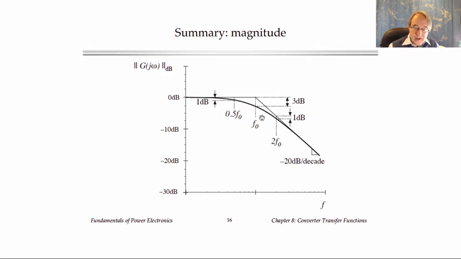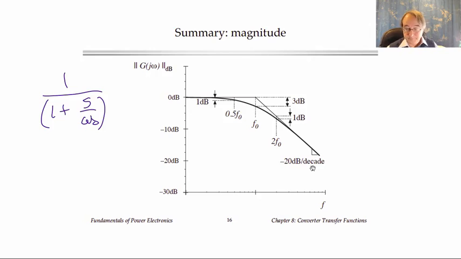So you just draw the asymptotes, plug in the values for these 3 points, and draw a smooth curve through them, and that is the plot of the single pole response. Anytime we get a term that can be written in this form, this is what its magnitude looks like.